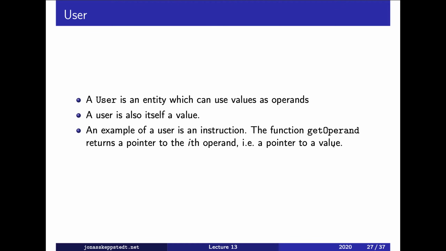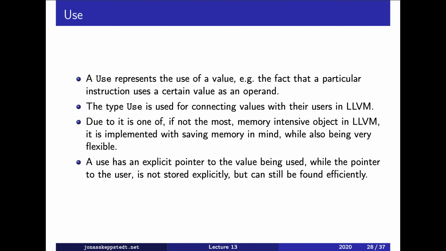And then there is a function called getOperand, which gives us a certain operand. And the use of a value is to connect a user and a value. And this is a very important object.